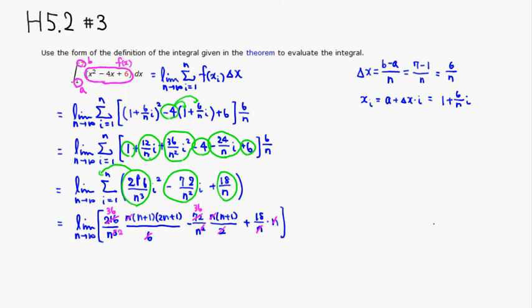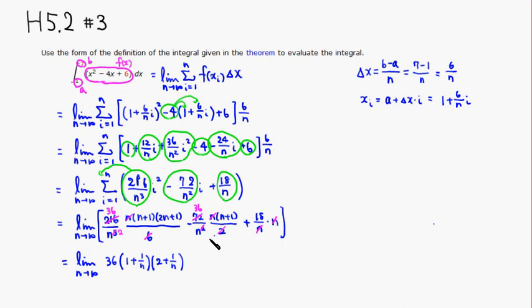So this is equal to, still the limit as n approaches infinity, 36 here. Then I'm going to use one of the n's, so divide n plus 1 by n: n divided by n is 1, and 1 divided by n is 1 over n. 2n divided by n is 2, plus 1 divided by n is 1 over n.